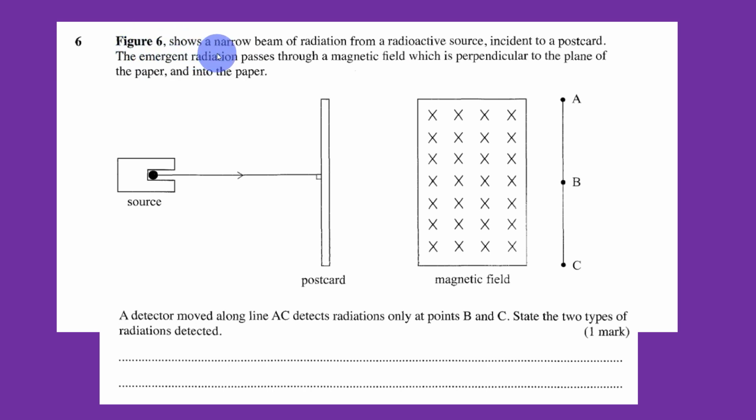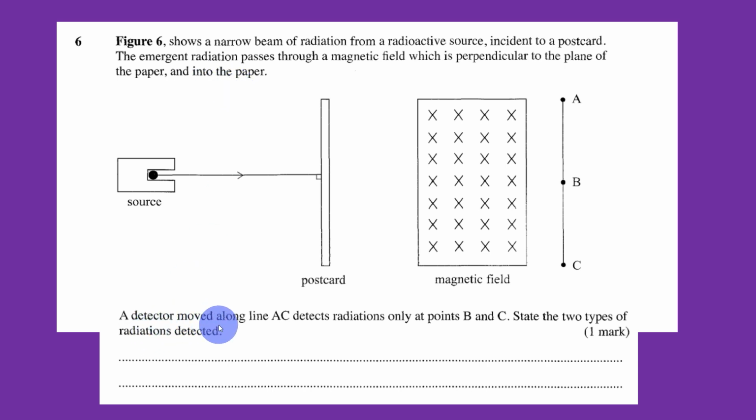Figure 6 shows a narrow beam of radiation from a radioactive source incident on a postcard. The emergent radiation passes through a magnetic field which is perpendicular to the plane of the paper and into the paper.